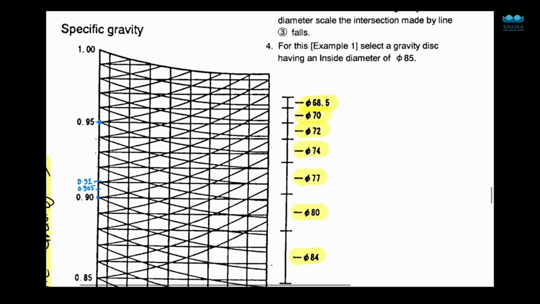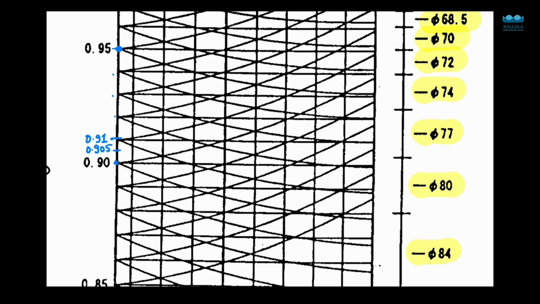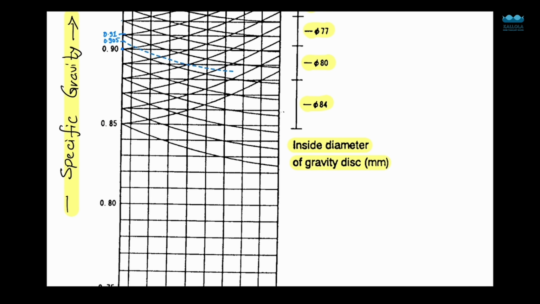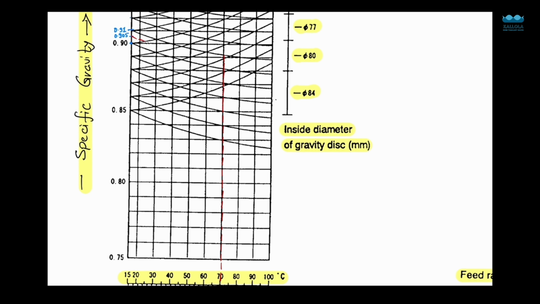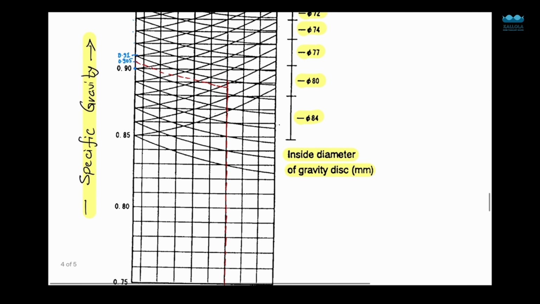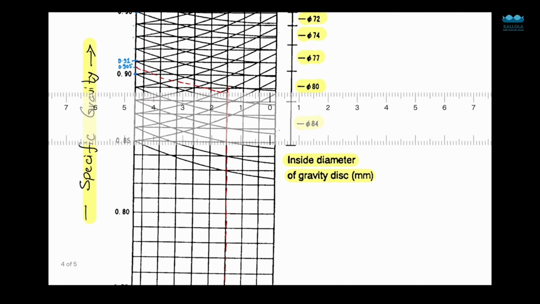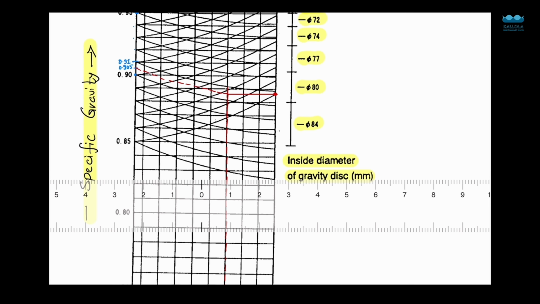Now we will just make an intermediate curve in between 0.9 and 0.91. And at the point of intersection of these two lines, that is the falling curve and this temperature line, we will just draw a horizontal line till 100 degrees Celsius, that is the last line of this nomogram.